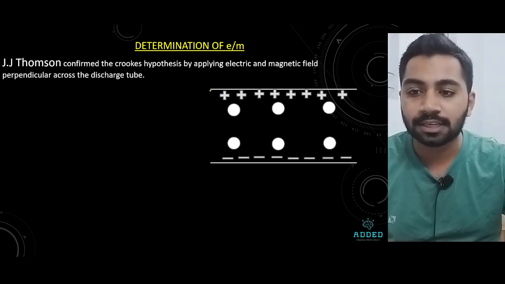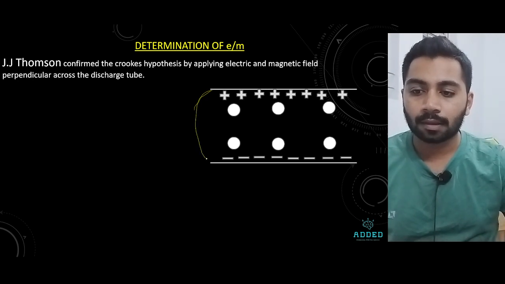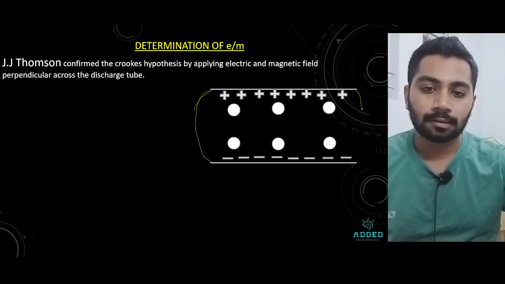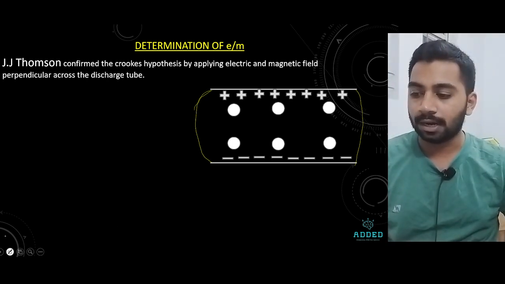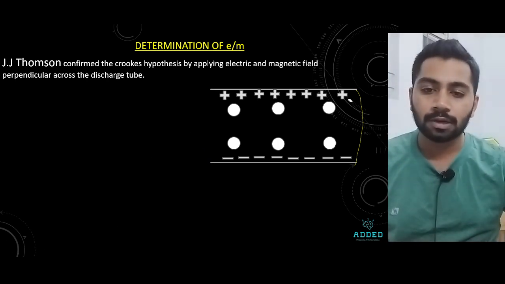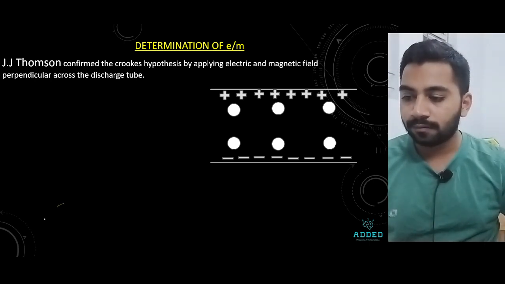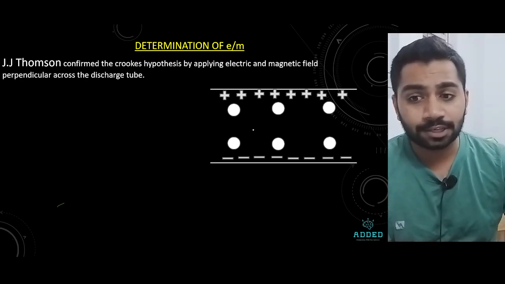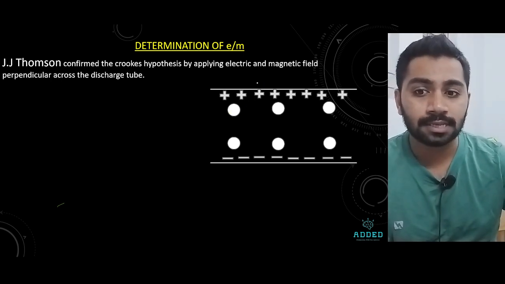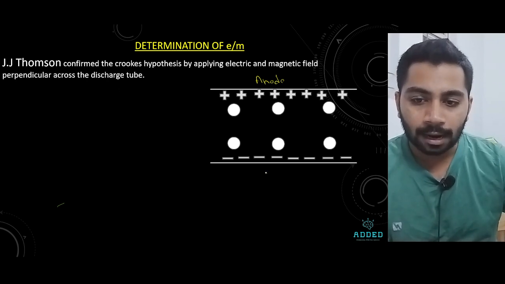Let us draw this discharge tube. This is the anode, and this is the cathode.